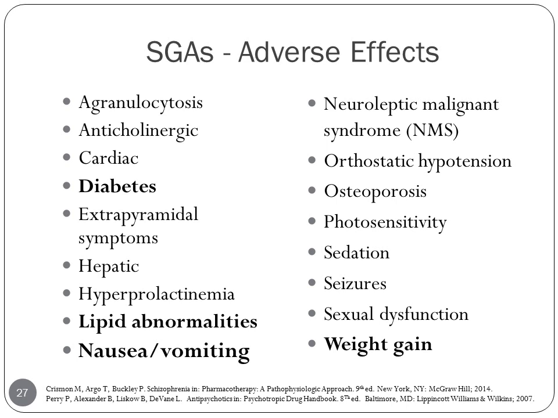This adverse effects slide looks very similar to what you saw for the first generation antipsychotics. Basically, any of the adverse effects that you'll see with the first generation antipsychotics, you'll also see with the second generation antipsychotics, but to a lesser degree. So we definitely have less incidence of extrapyramidal symptoms, neuroleptic malignant syndrome, and hyperprolactinemia.